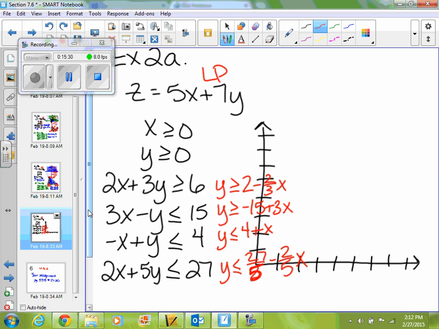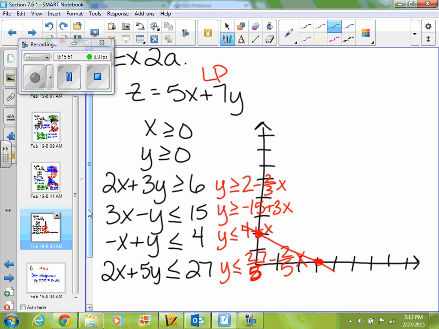Alright, so my first line, 2 minus 2/3 x. I see that that crosses my x and y axis at 2 and 3. So I know it's going to look like just that bottom corner. And because it's greater than, I'm shading above. And I'll shade it in a minute. But yeah, there's a lot of lines.